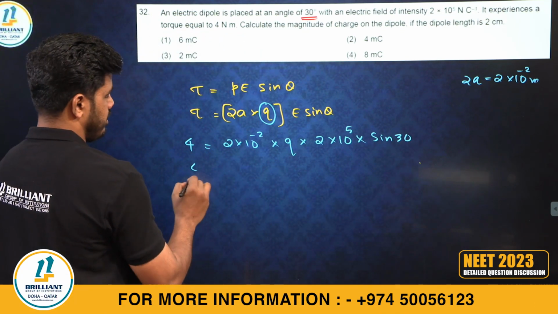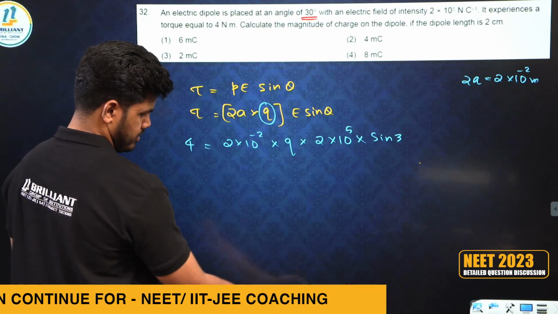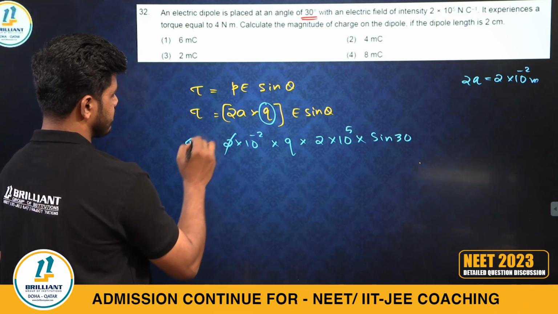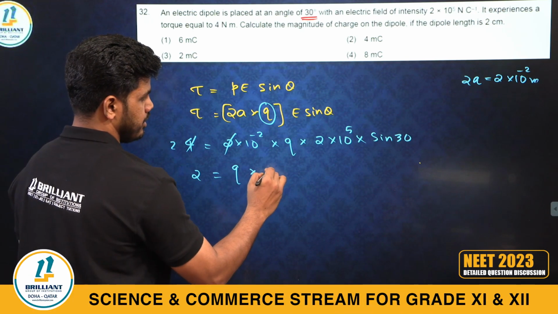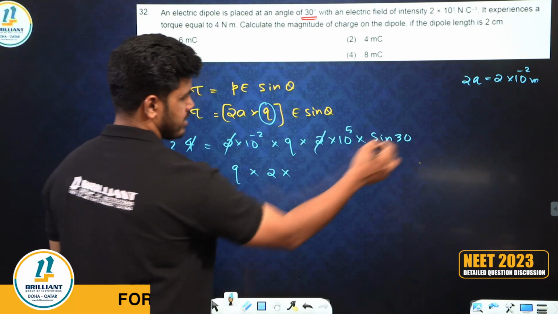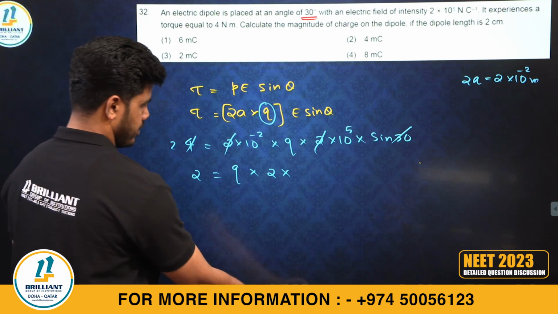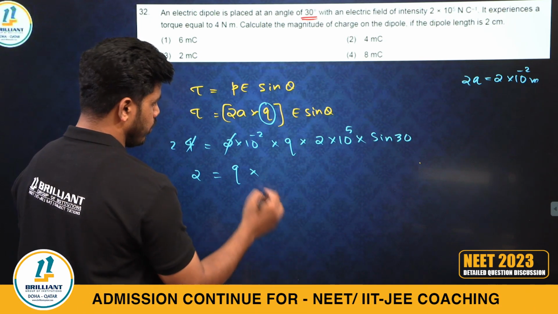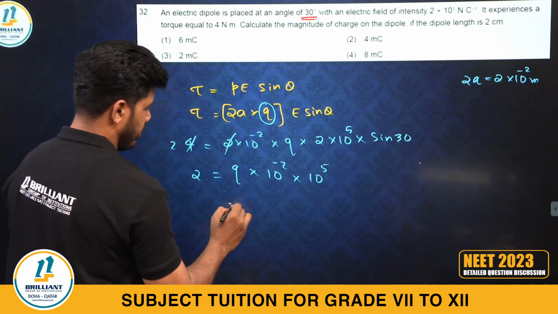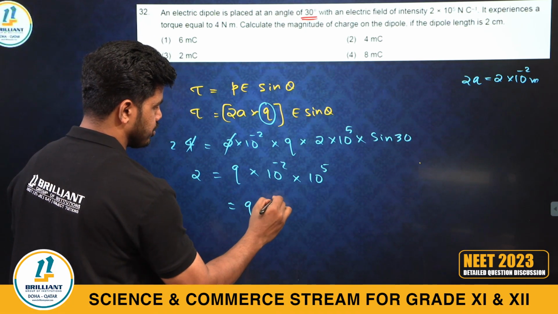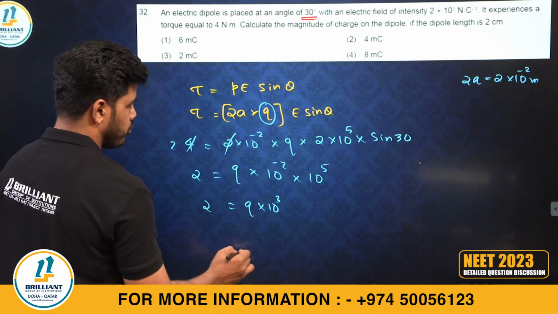So now simplify this. Sine 30, fine. So this 2 and 4 gets cancelled by 2 here. So 2 is equal to, Q is to be calculated, 2 into, yes, this 2 and sine 30 gets cancelled. That's also gone, right? So now we can say Q into 10 raised to minus 2 into 10 raised to 5. So we get Q into 10 raised to 3, that is equal to 2. Therefore, what is your Q?